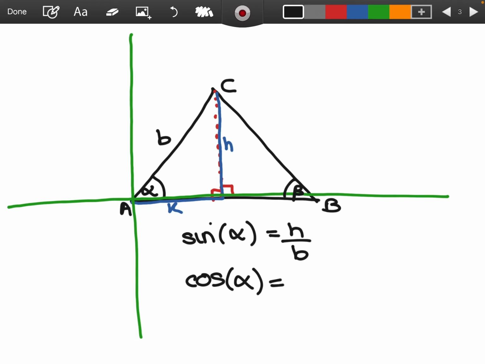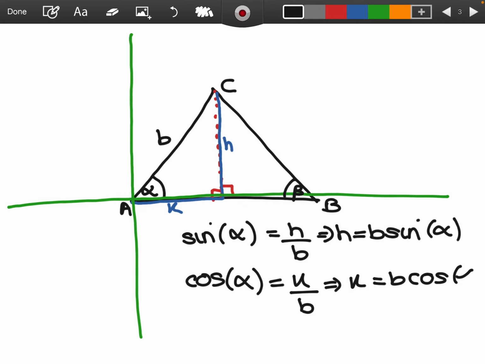And cosine of alpha is always adjacent divided by hypotenuse, which would be k over b. So by creating that right triangle, I can look at sine and cosine of alpha in terms of these new h and k. I can then rearrange this and say that h is equal to b sine alpha and k is equal to b cosine alpha.